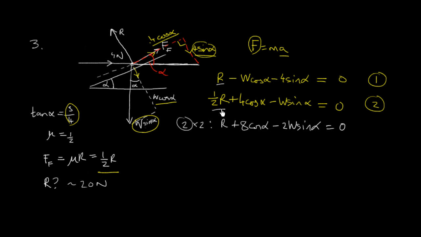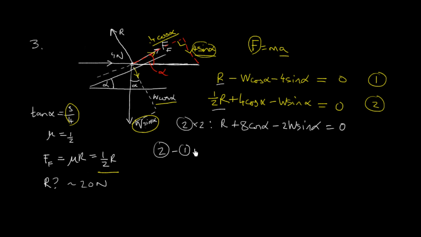Now we have r here and r there, so we can just subtract both equations and say 1 minus 2. And we get rid of the r like that. So the r minus r is 0. It's going to look ugly like that because it's got a negative there, so I'm going to subtract 2 minus 1 instead. It's going to look a little bit better.